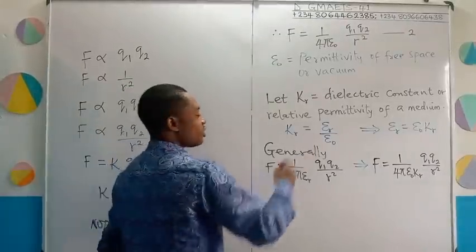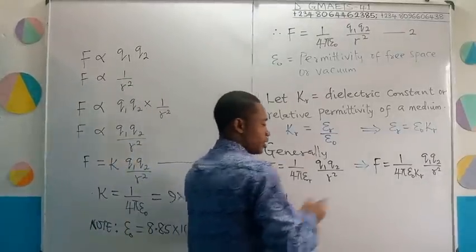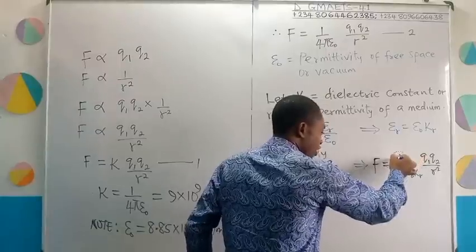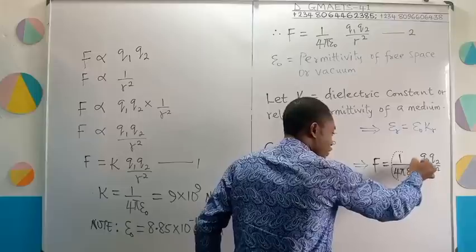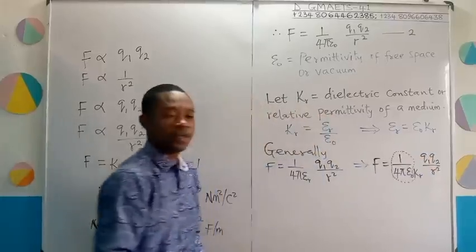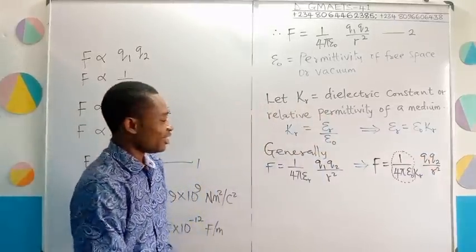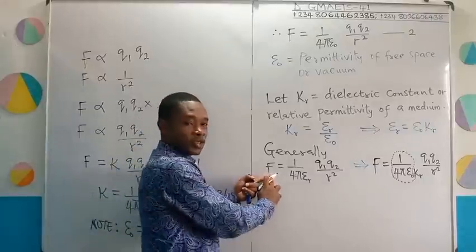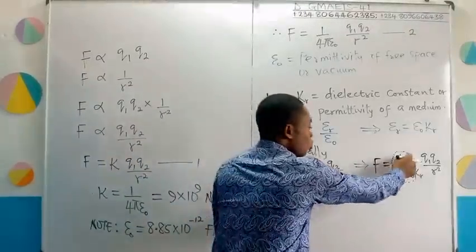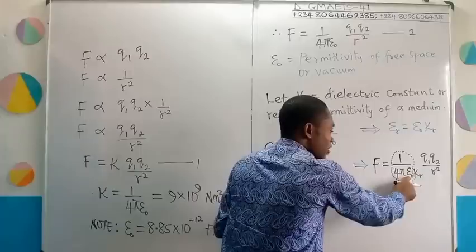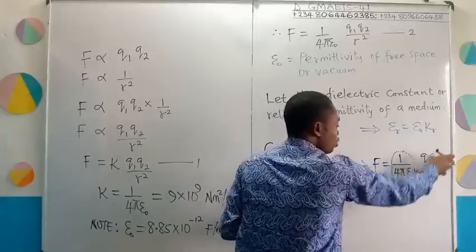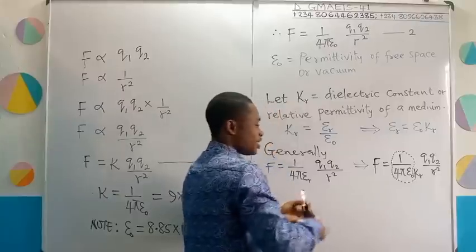Okay, having done that, I'd like you to watch this, please. 1 over 4 pi, permittivity of free space. Look at that. This force with 1 over 4 pi, permittivity of free space, multiplied by q1, q2 over the square of r.